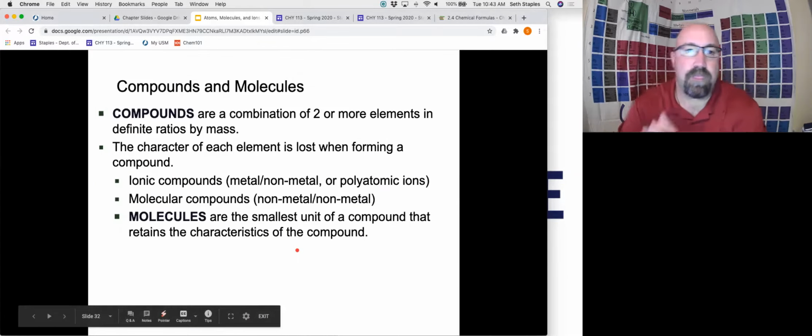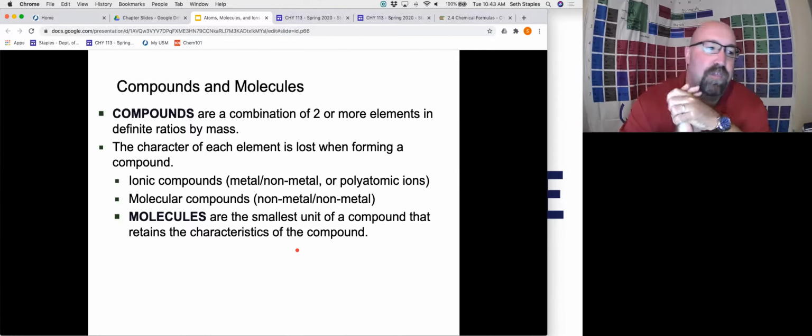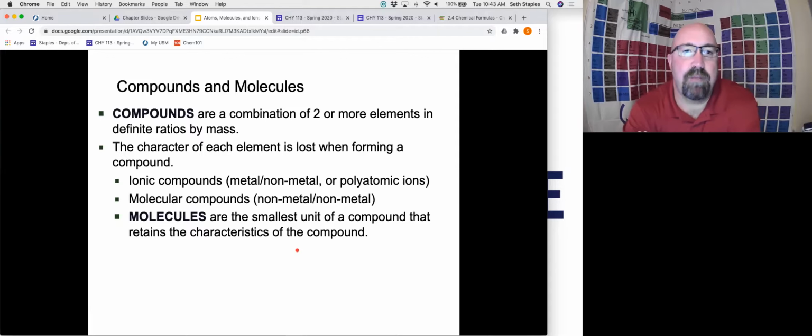Okay. And so as we define a couple things, and we looked at these definitions a little bit in the last lecture as well. A compound is just any combination of two or more elements that are in a definite ratio. And so something like H2O, everyone's familiar with the compound H2O. That's just our chemical formula for water.